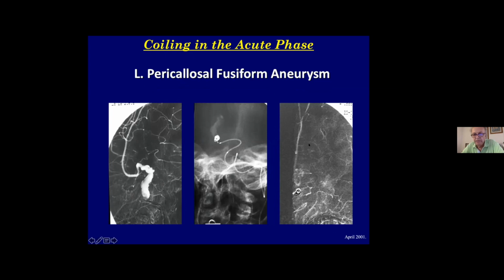And in the late phase, I have a good collateral leptomeningeal anastomosis. It's general anesthesia, it's impossible to test the child, it's 2 years old. I decided to release the coil because I have a good collateral anastomosis.